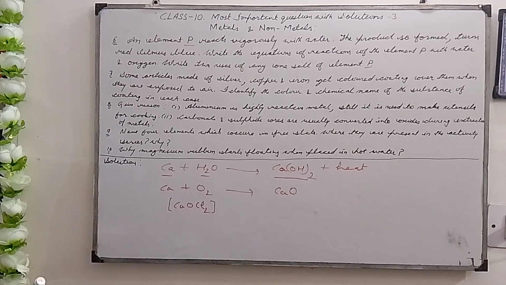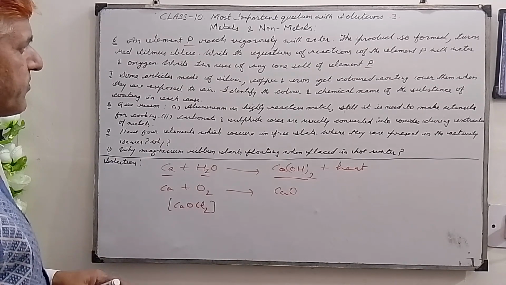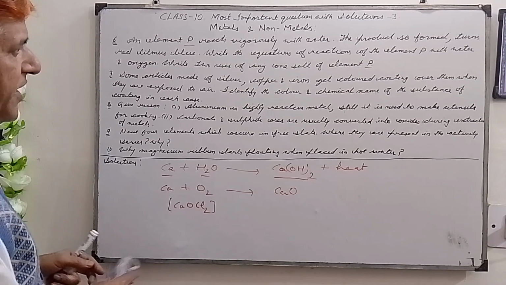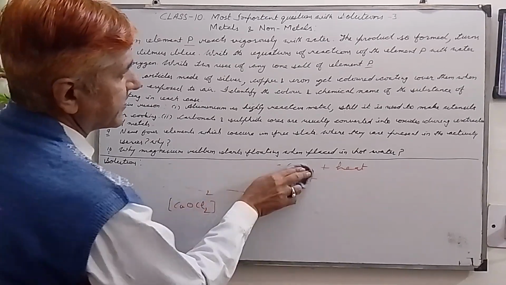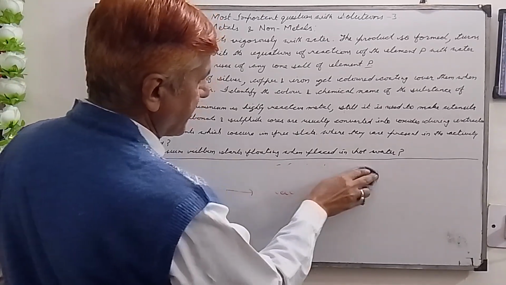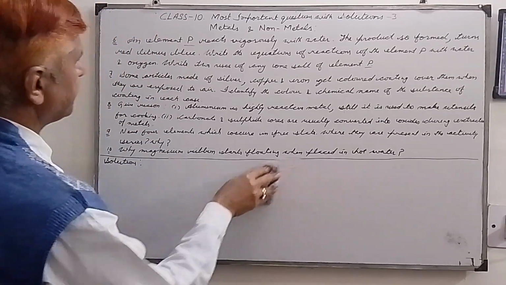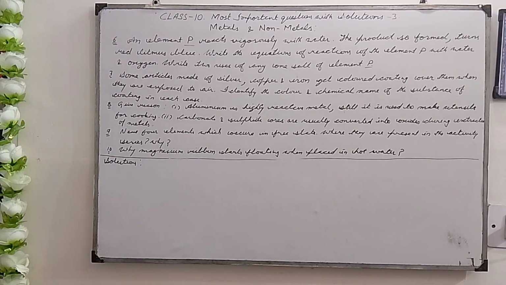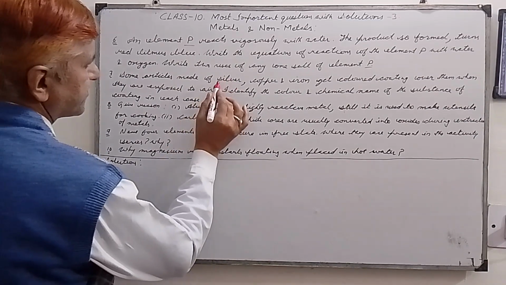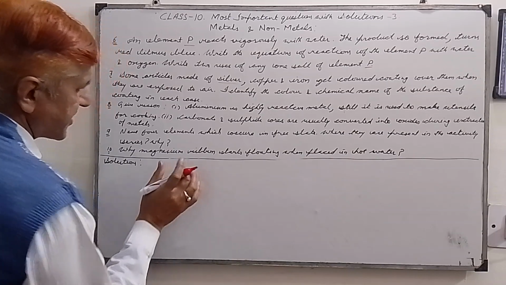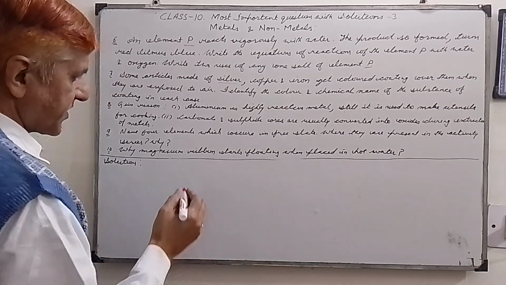Then we have the next question. Some articles made up of silver, copper, iron get a colored coating over them when they are exposed to air. Identify the color. For example, on silver metal, which color do we see?